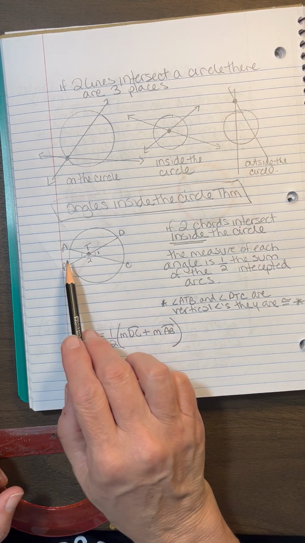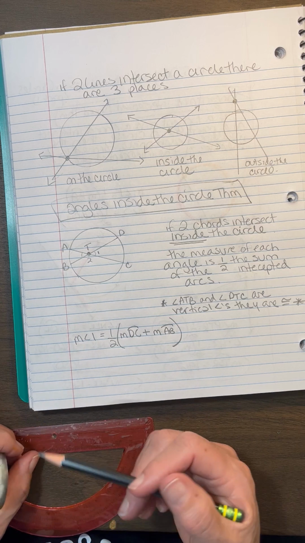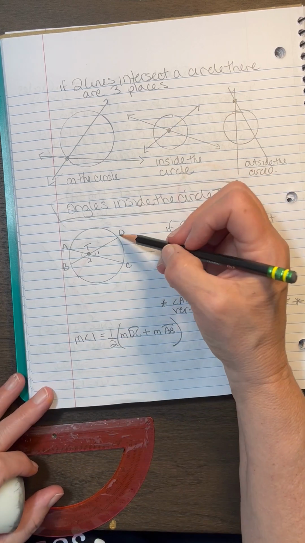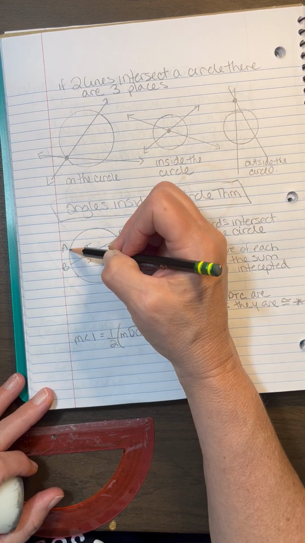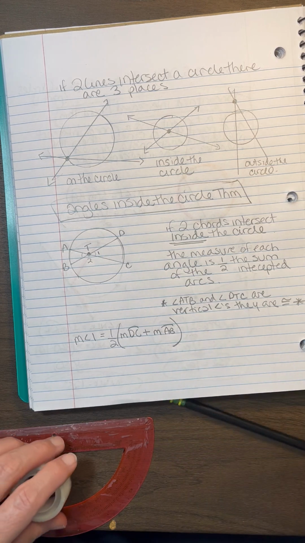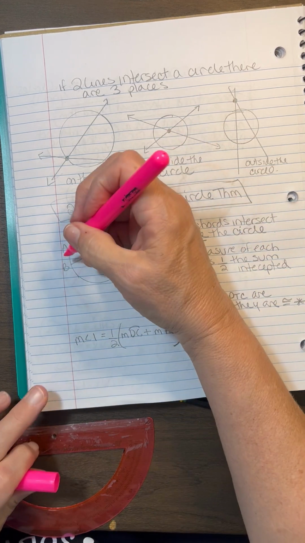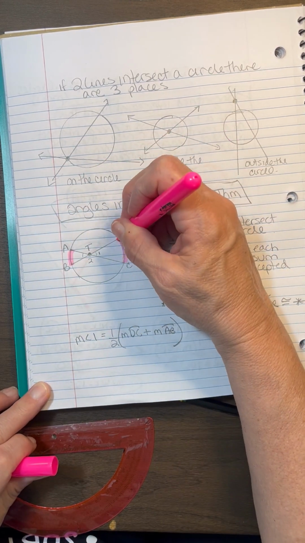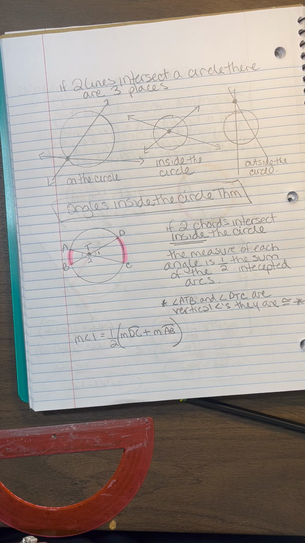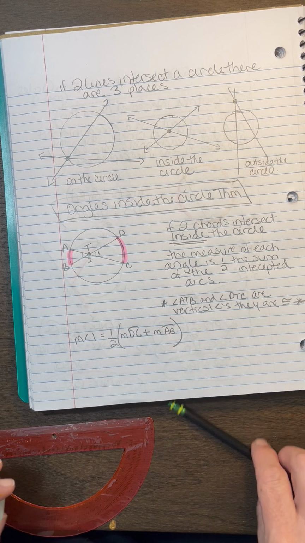So if they intersect on the inside, you're going to add the two intersected arcs, and you're going to divide by 2. So add them together, divide by 2.